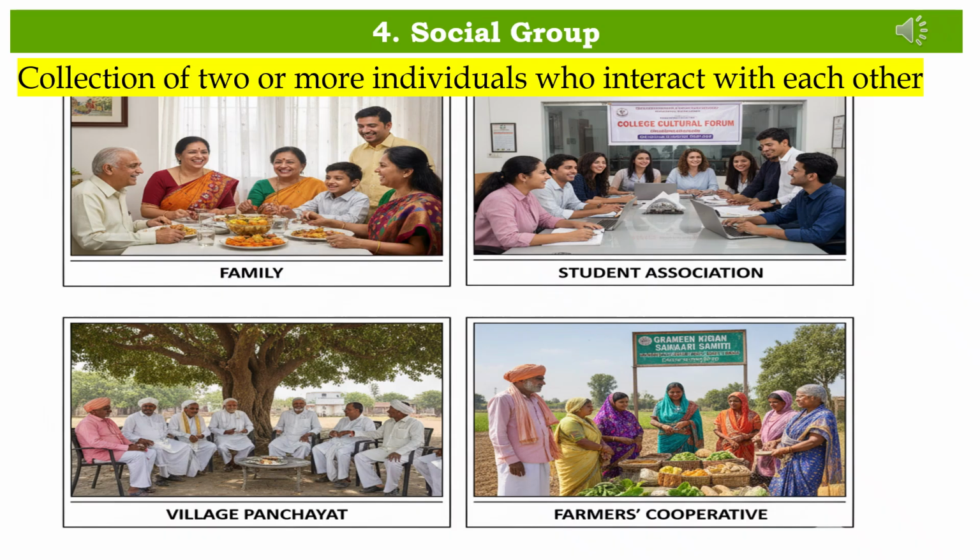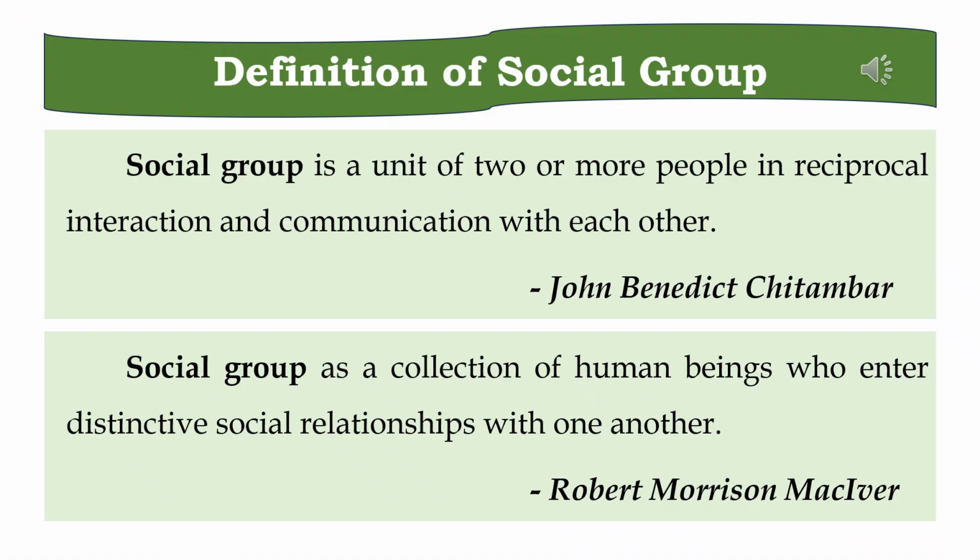So this social group is an important medium for learning culture and social values as individuals undergo the process of socialization within such groups. Examples: a family, student association, village panchayat, or farmers cooperative society are all social groups where people work together, follow shared norms, and influence each other's behavior.